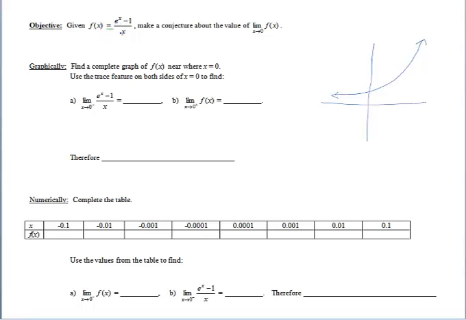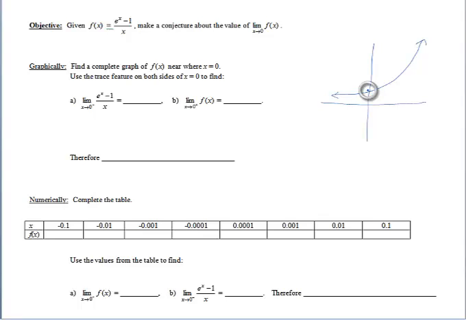However, we know better. As calculus students, we know that if x is 0, we're dividing by 0, and that's never good. So why don't you hit the trace key. When you press trace and then you press x equals 0, notice that there's no value for the y-coordinate.